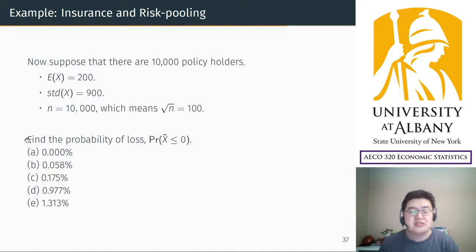Then let's calculate the probability of loss when you have 10,000 customers. Try this. Of course, you may utilize the numbers we calculated previously, and you need a program. You need to open Excel to calculate this probability, and do it by yourself.